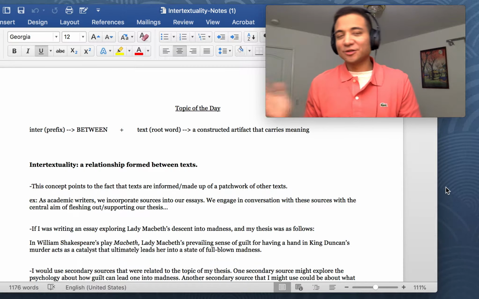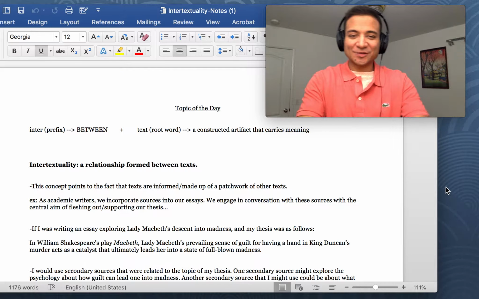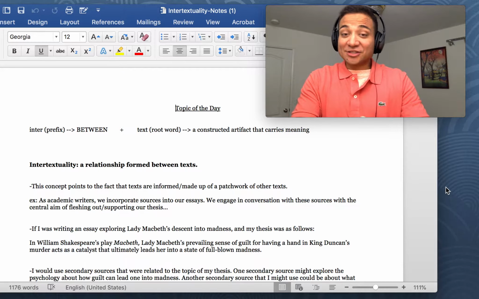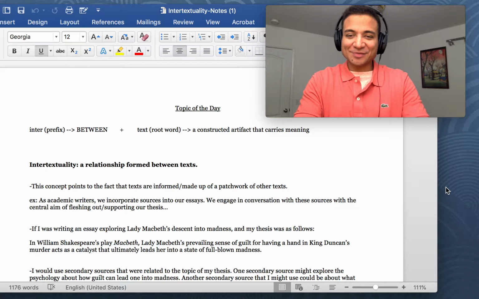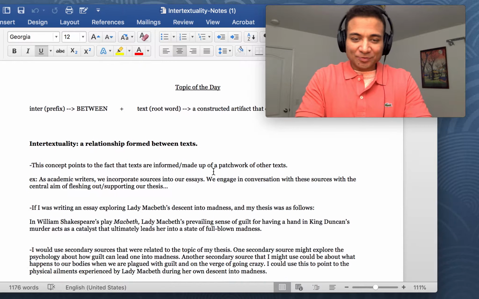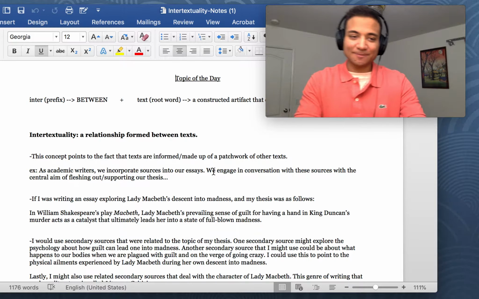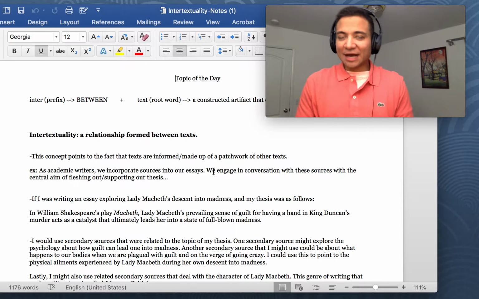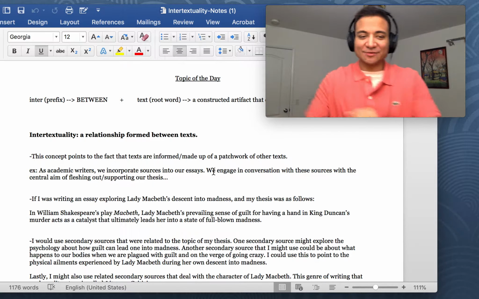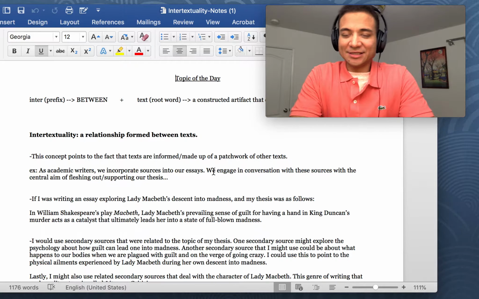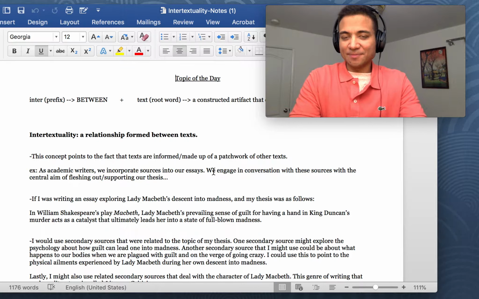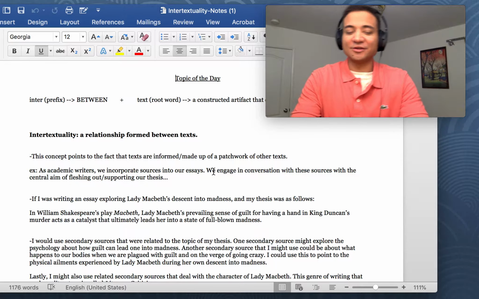So text, we learned from our lesson last week of textual analysis that it's a constructed artifact that carries meaning. So when we put it together, simply put, intertextuality is the relationship formed between texts. Now, how this relates to what we do as essay writers, it's essentially the fact that we make our essays out to be this patchwork, this quilt of other texts.